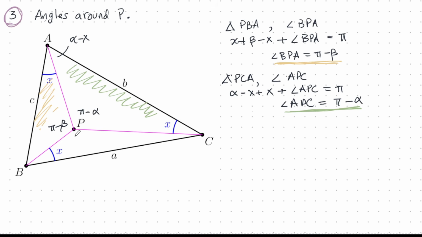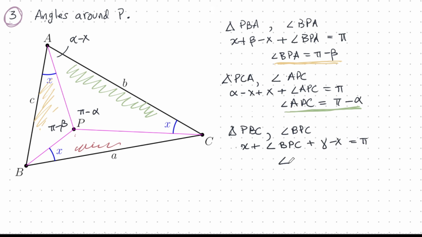So I have one more to do, this one here. This is triangle PBC. I can give it a color. What color should I use? How about red? Okay. So I'm looking for the angle over here, which is angle BPC. I add up all the angles. I should get pi.